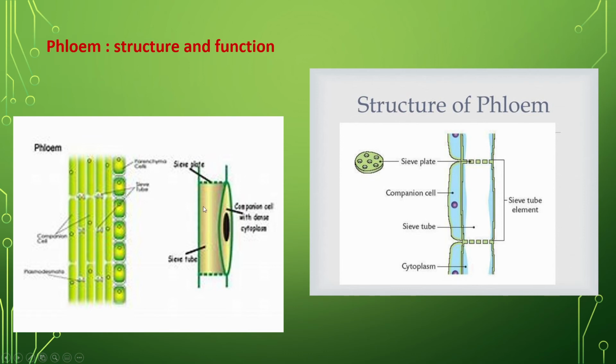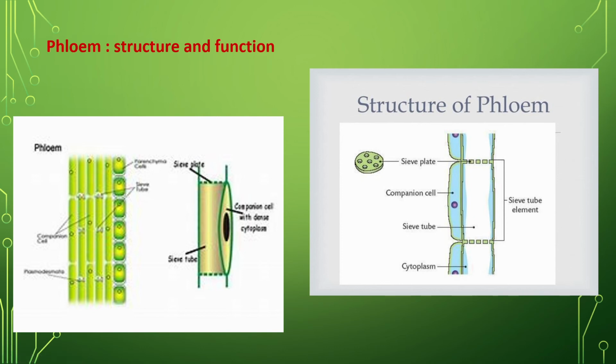The sieve tube element contains cytoplasm and both are living cells. That means, regarding the structure of phloem, phloem has four types of tissues. The first one is the sieve tube, then the companion cell, phloem parenchyma and phloem fiber.